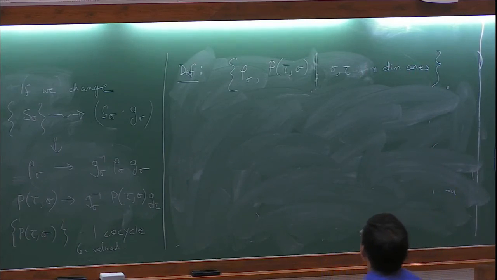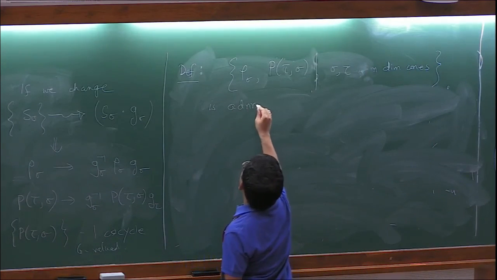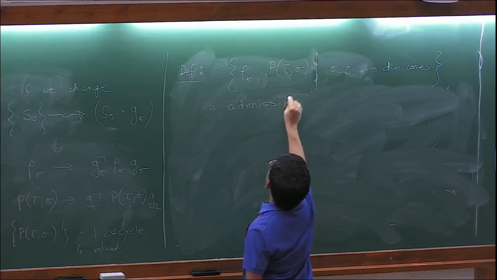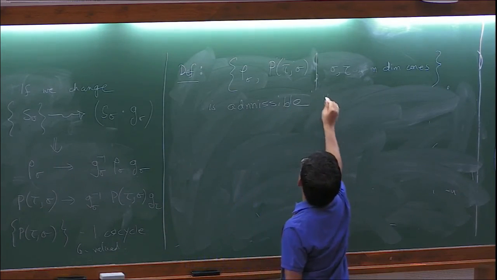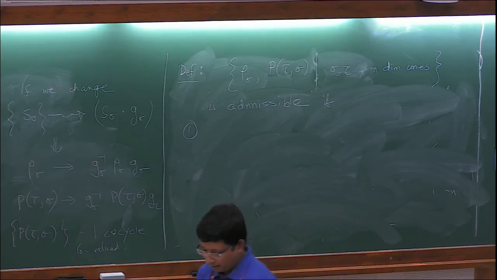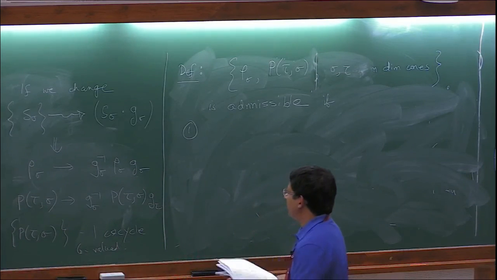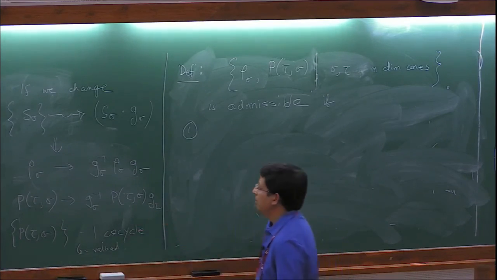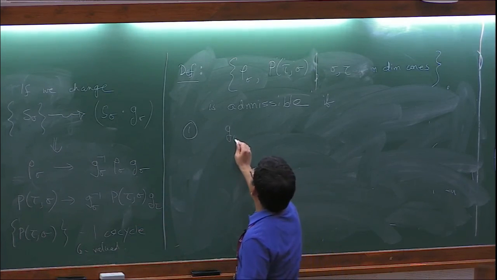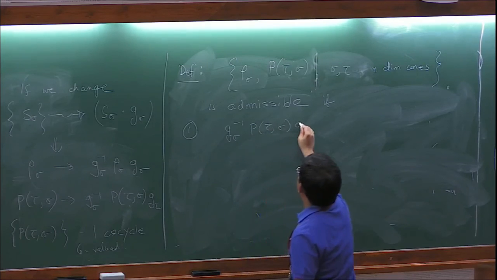So it's called admissible if, number one, okay, so, all right, there's this thing, G sigma inverse P tau sigma G tau.